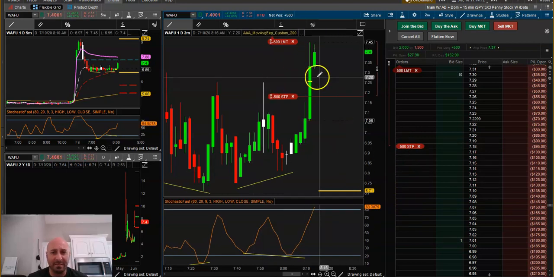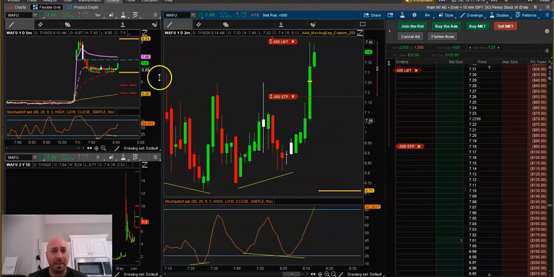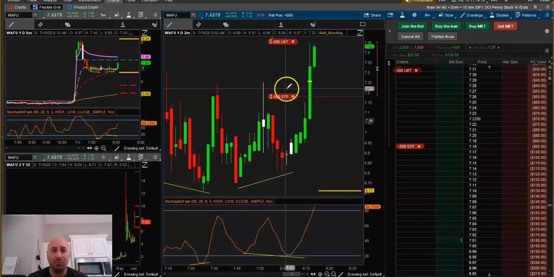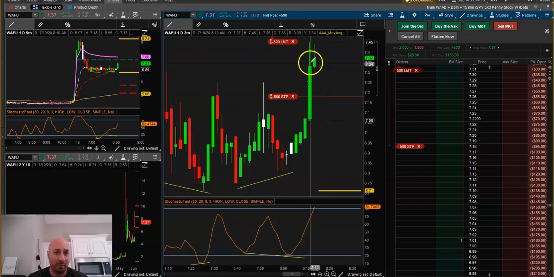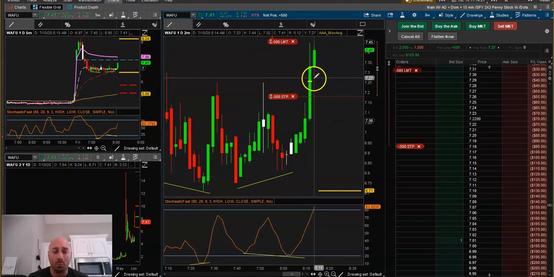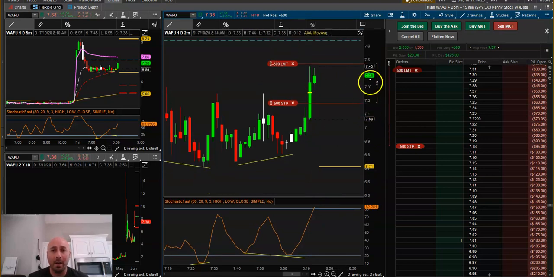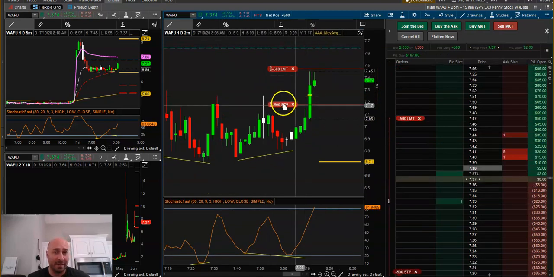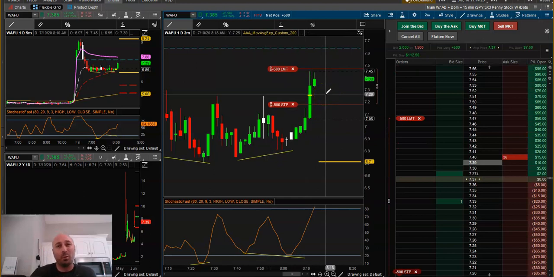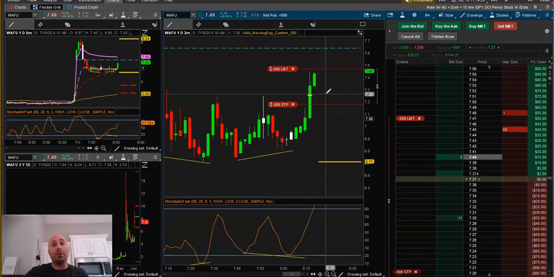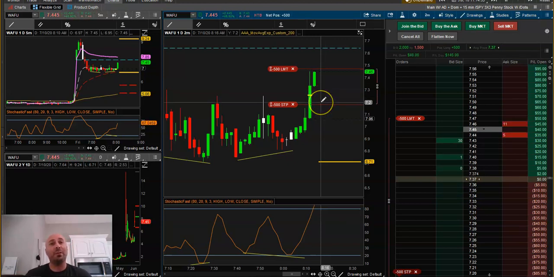We'll go 718, because if we give up this and these two levels of resistance and also the 50%, I really don't want to be in that trade. That's my thinking. Either it's going to work and go, or it's going to fail, and if it fails, get me out. I'm not going to stay in forever.